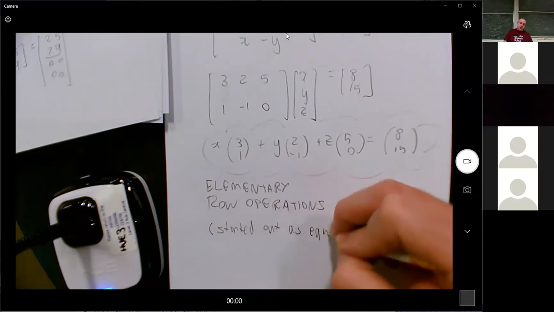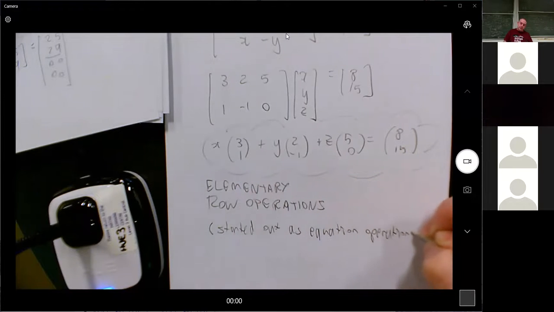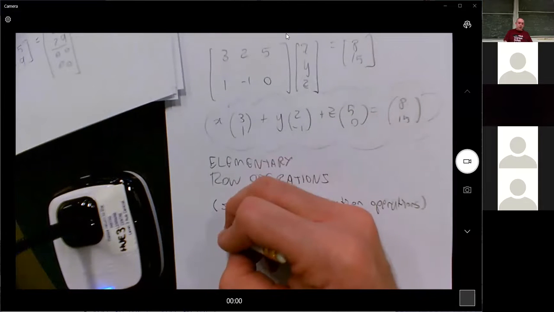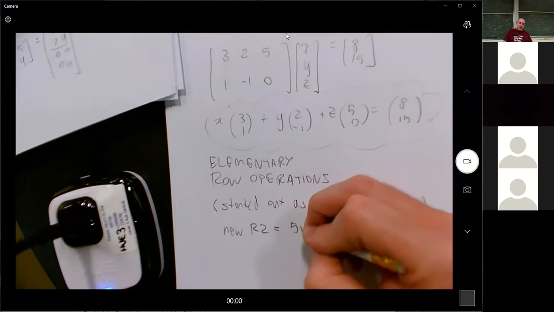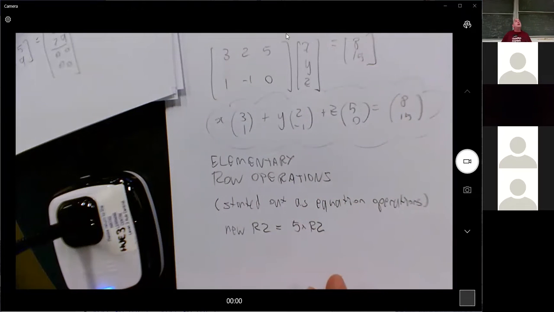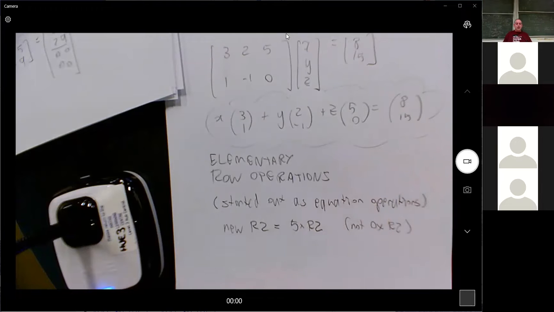They started out as equation operations, and they are of these types. So your new row 2, for example, is like 5 times your old row 2, where you multiply a row by a number. You're not allowed to multiply a row by 0, that's bad. Not 0 times row 2, not allowed to do that.